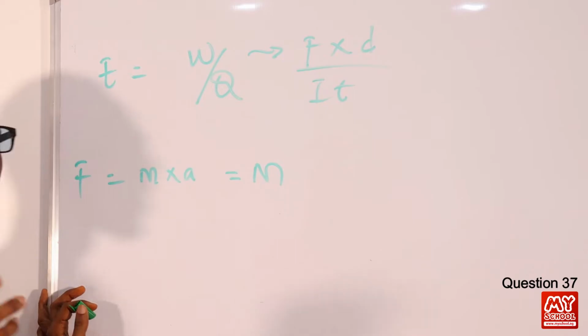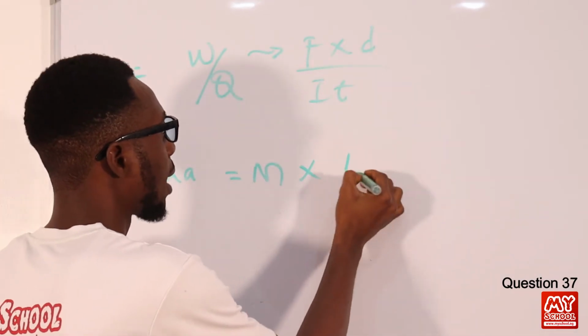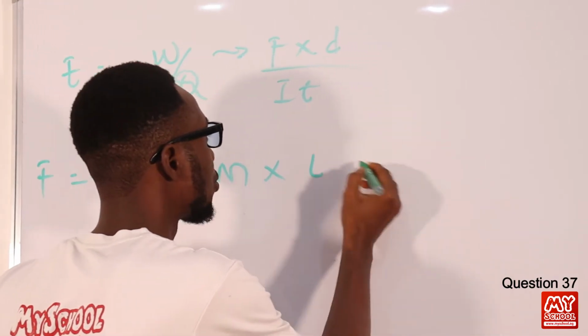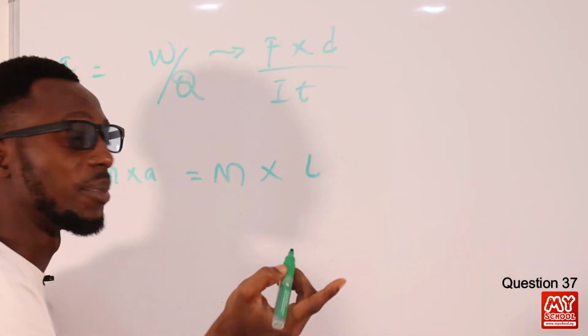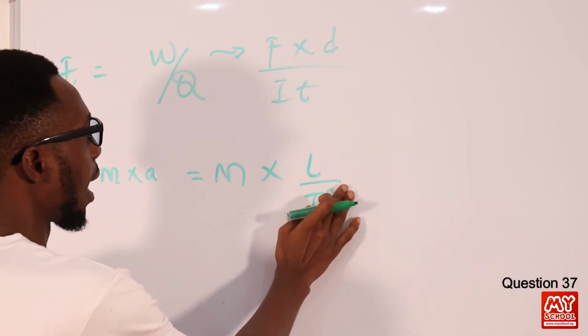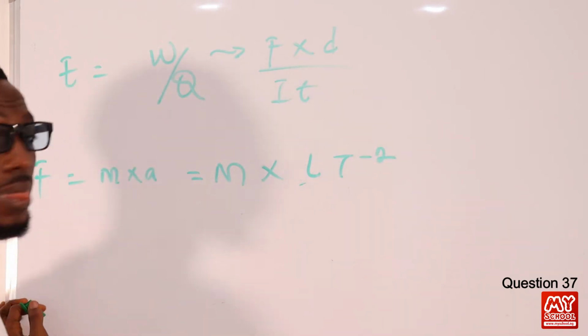Acceleration, if you look at the unit of acceleration, that is meter per second square, right? That is meters, the length is measured in meters, right? Per second square, that is second, for time, right? That is over t squared. Or I can write this as L t to the power minus 2, isn't it?